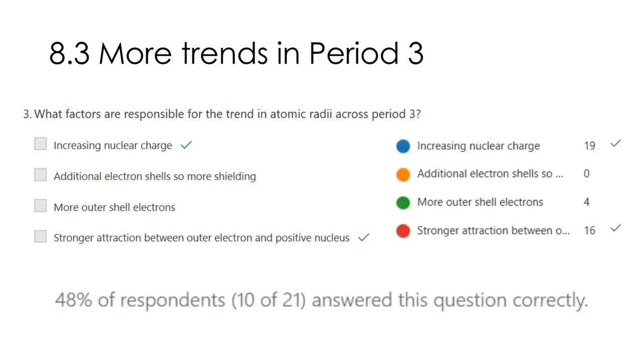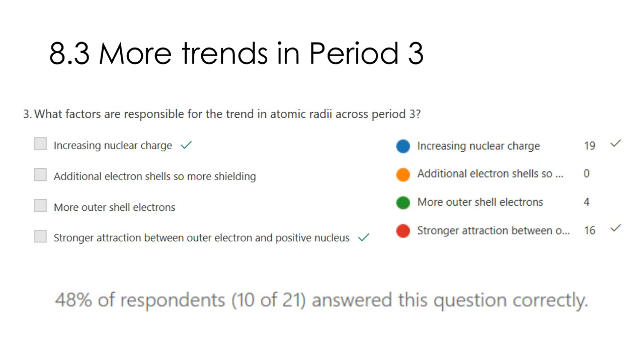In terms of the breakdown of your answers, only just under half of you answered this question correctly. In fact, all of you got at least one of the correct answers. It's just that some of you put that there were more outer shell electrons.